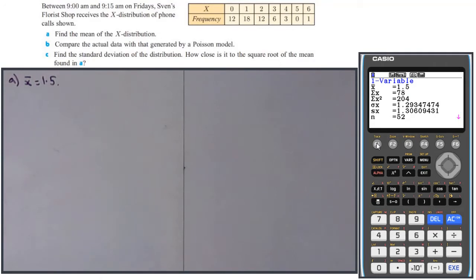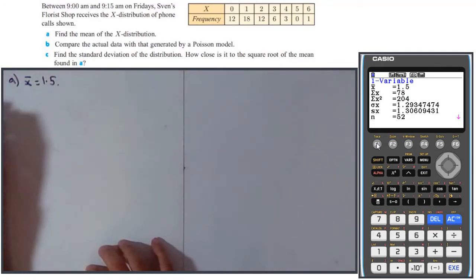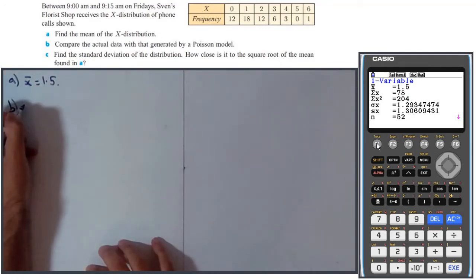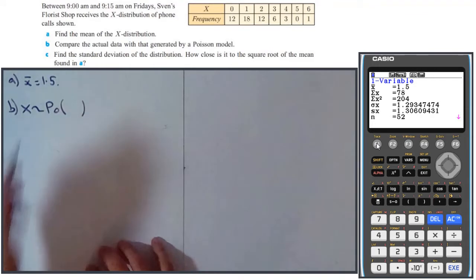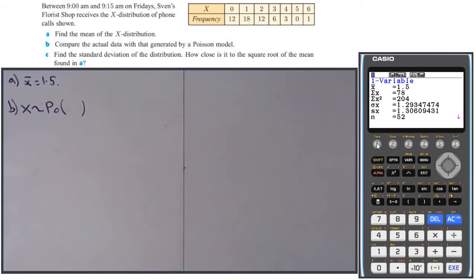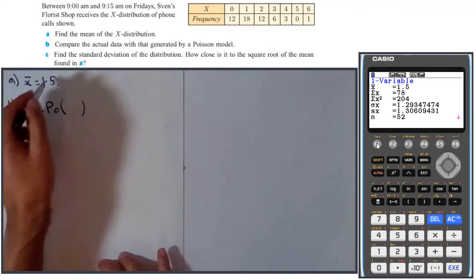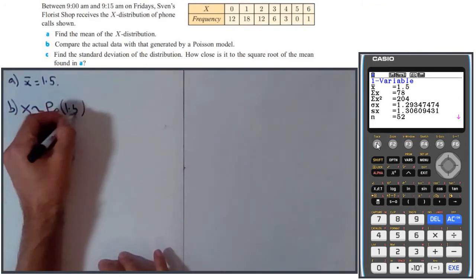Okay, now for part B, we're going to assume that this variable X is distributed according to a Poisson model, and Poisson only has one parameter, which is the mean and the variance, and we're going to put it in as this 1.5.